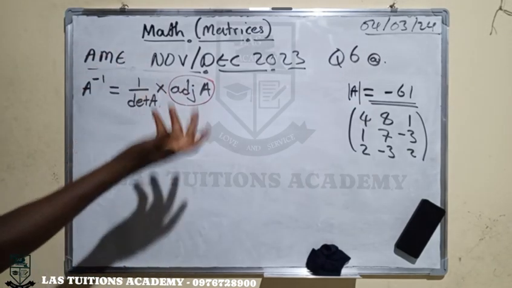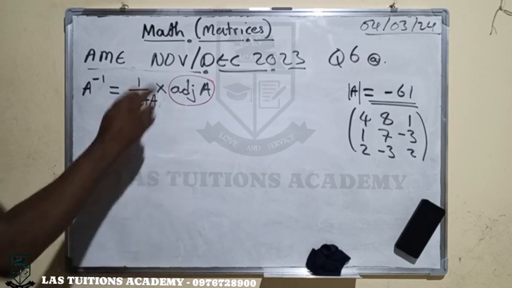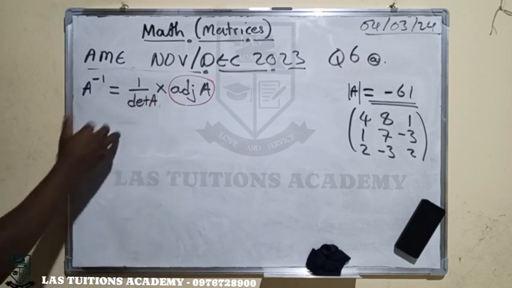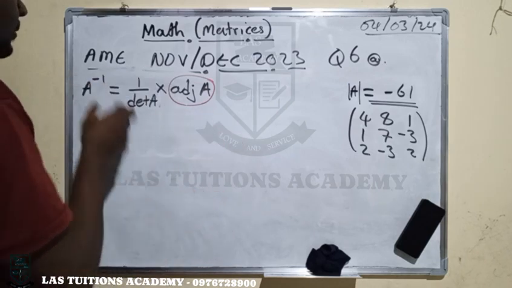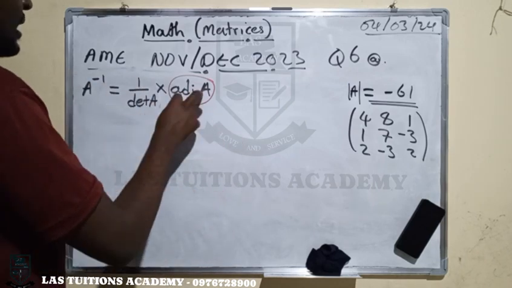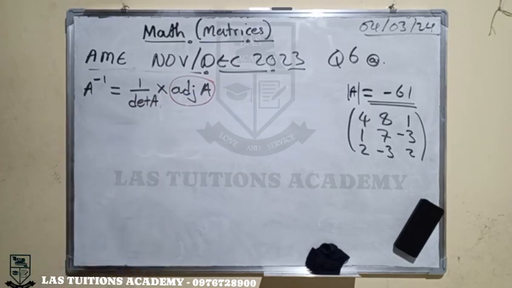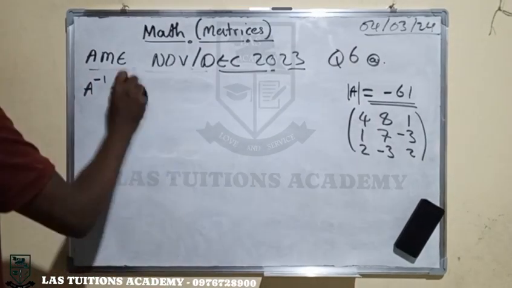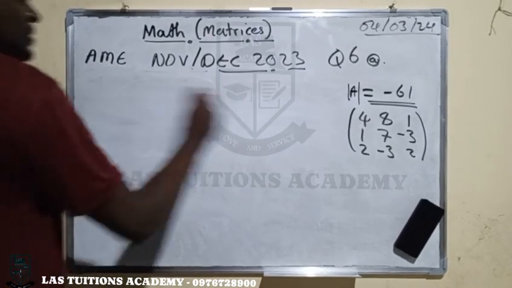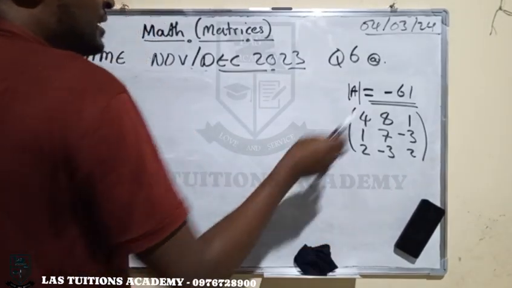Should we find the adjoint, then we are fine because we have 1 over determinant and we have the adjoint, and we would have found the inverse without a problem. So let's now go and do the adjoint of A.